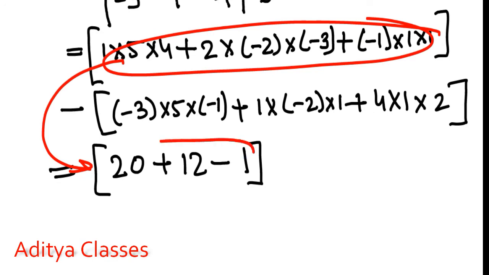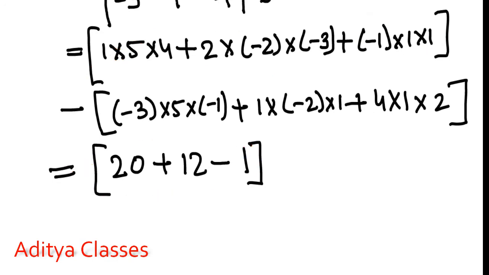Next, let us start with our second bracket. This minus sign coming here, and open the bracket. Now let us go ahead. 3 multiplied by 5 multiplied by 1 with two negative signs. Two negative signs tend to cancel each other, and in turn we get a positive.